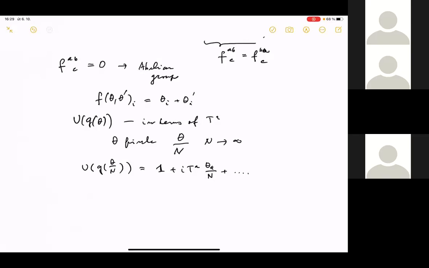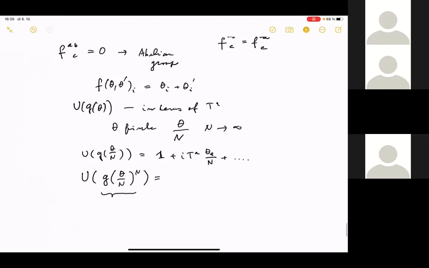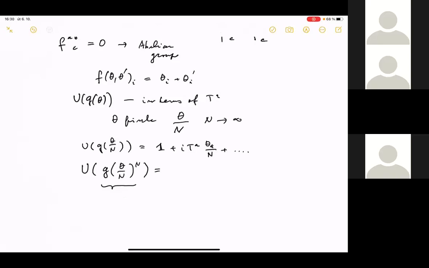And of course, if we calculate the representation of the element g with parameter theta over n to the nth power, on the one hand, on the grounds of the group multiplication and using this composition law, we see that this is nothing else but g(theta). Simply, g(theta over n) to the second power is nothing else than g of f(theta over n, theta over n).